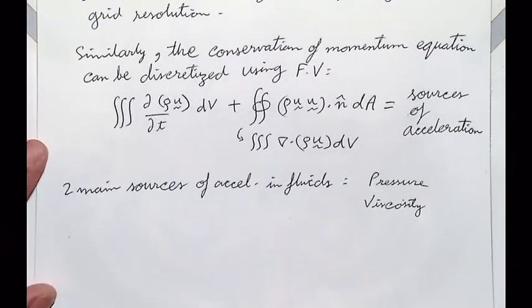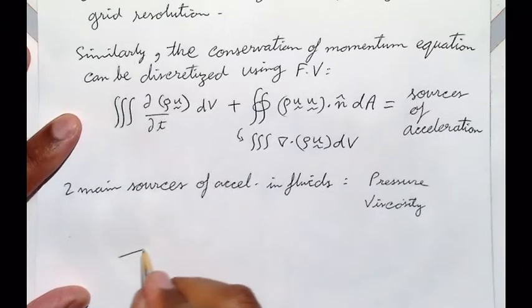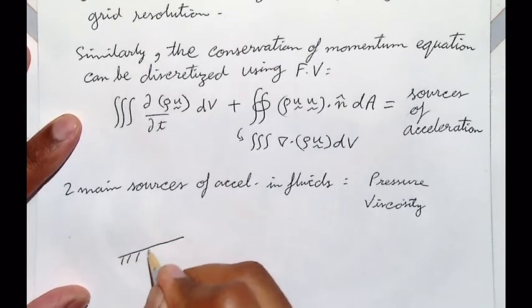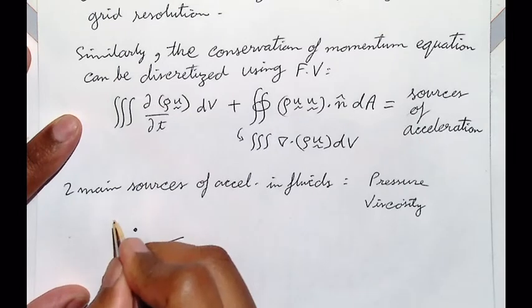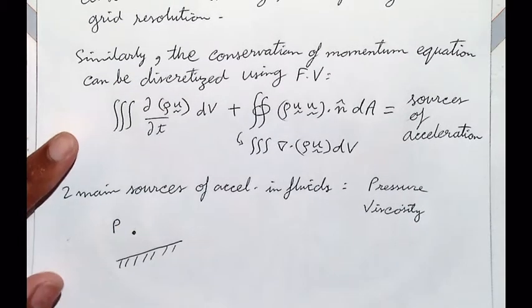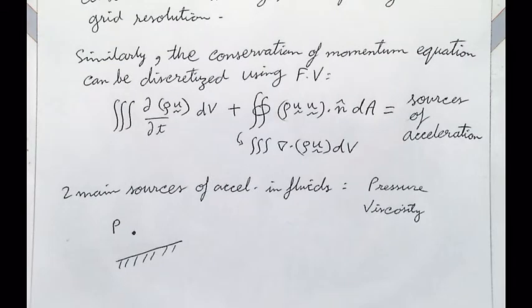When we talk about pressure, what happens? If there's a wall over here and I have some fluid over here, and I know the pressure at this point, what will be the force acting on the wall?